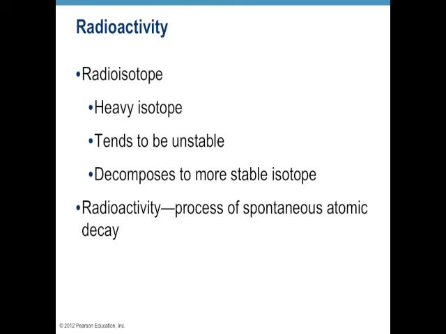This process of spontaneous atomic decay is known as radioactive decay, and it happens at a pretty steady rate dealing with some specific isotopes. One in particular that we use all the time is carbon-14. You've heard of carbon-14 dating. Well, that's based on radioactive decay.